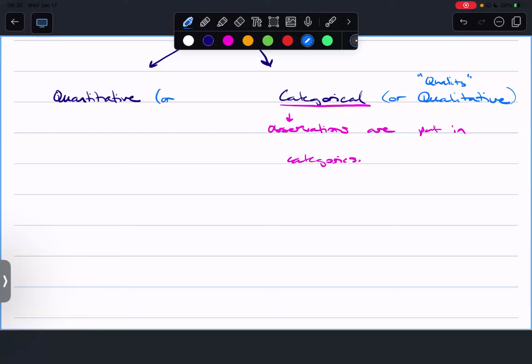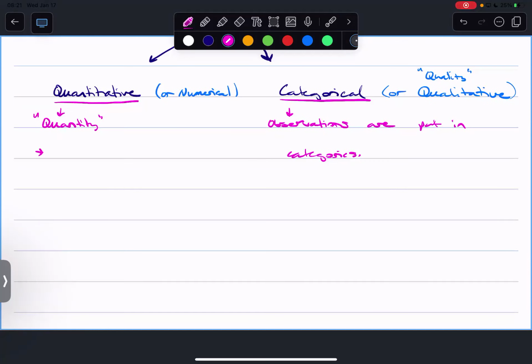Quantitative, on the other hand, I'm going to try to match the textbook, but I usually call it numerical, right? Because it's some number. And so here, quantitative, quantity, right, is going to be some measurement or a number.